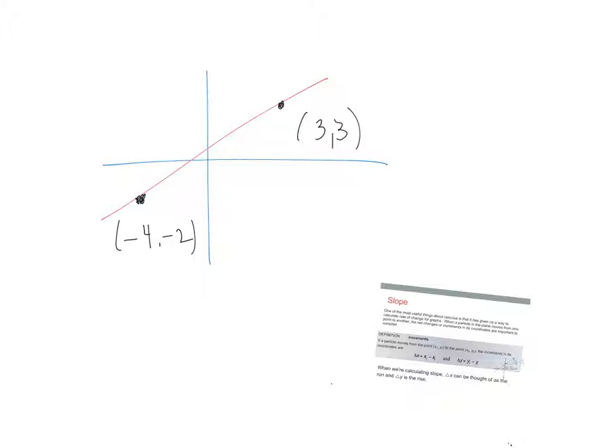If you were finding the slope of that, or talking about the increments, we're talking about how far it has moved horizontally and how far it has moved vertically. Horizontally would be our x2 minus x1. So that has moved 7 spaces over. Does that make sense? We went from -4 to +3. That's 7, because I did some really quick math there in my head, very impressively. So x2 minus x1 would be 7.